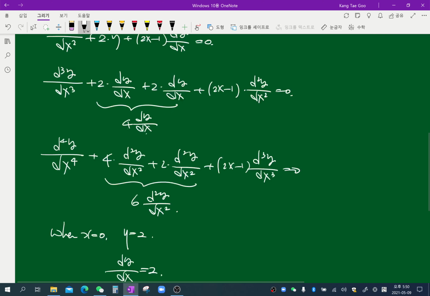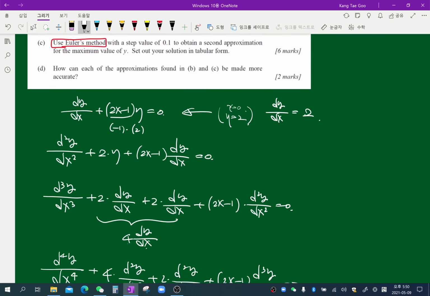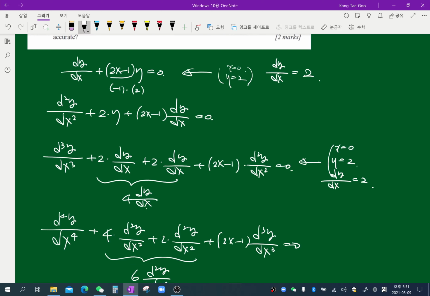Right? Second derivative, okay, from this equation, x is 0, y is 2, dy/dx goes to be 2. Then we plug everything in. Oh no, we need to calculate from here.